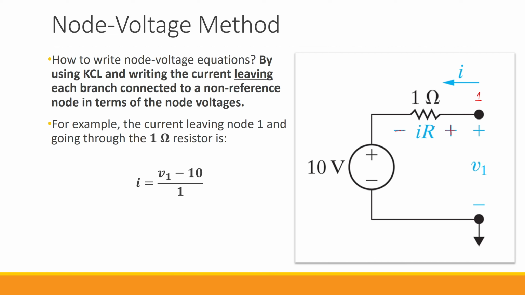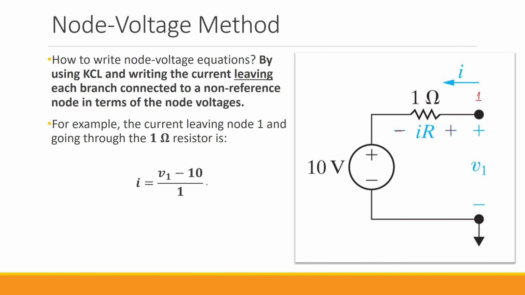But what is that current? The current is the voltage across this resistor divided by its value. So we have V1, the voltage at node 1, minus 10 volts, the voltage at this node, which is not an essential node, divided by 1 ohm.